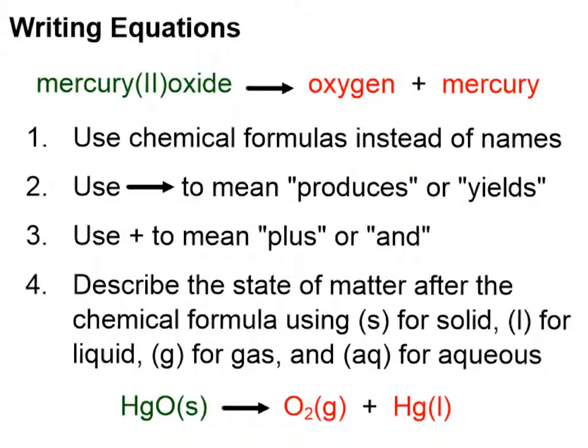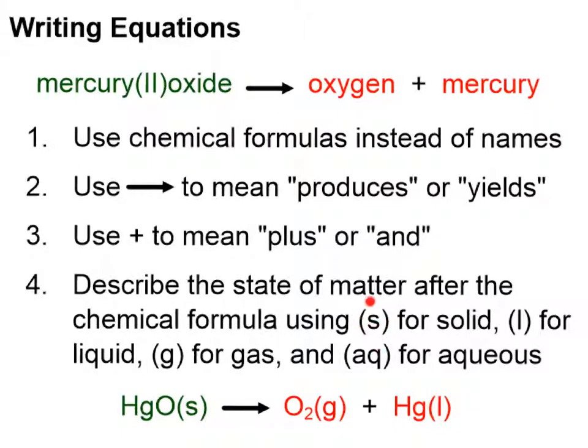Now you'll notice there's a few other things here. We'll talk about those in a minute. We use this arrow. That means produces or yields. So the arrow is used in our chemical equation. We use a plus symbol to mean plus or and or with or added to. You can see we use that there. And we also describe the state of matter by adding a little symbol after the chemical formula.